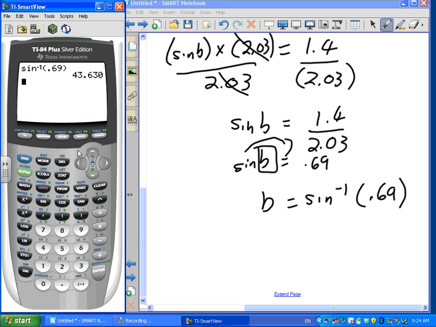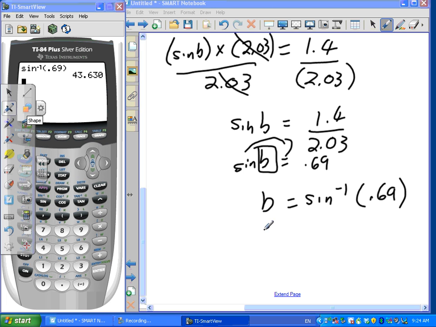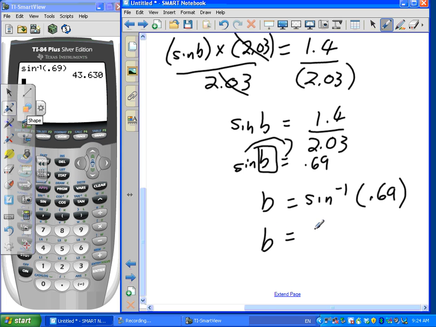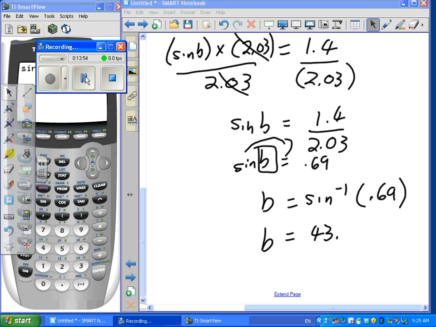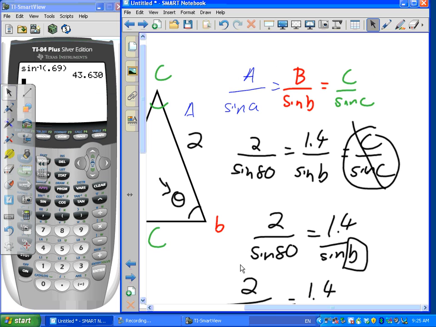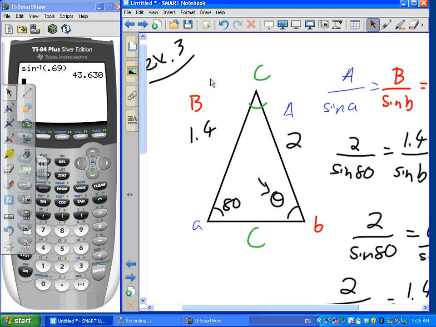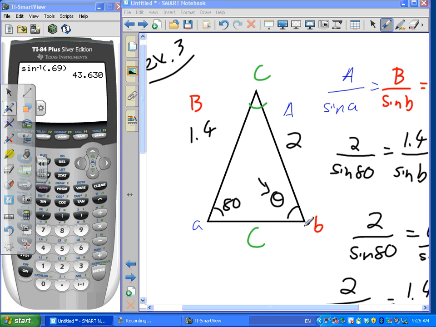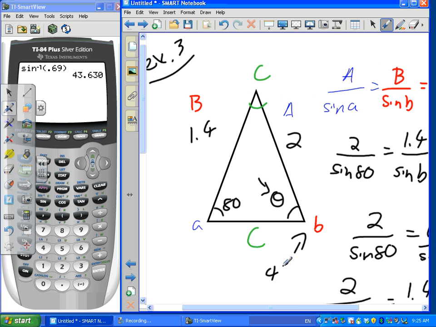There we have 43.6 degrees. That's how you find the angles. Make sure you always do second function, then the ratio. Okay? So 43 degrees. We go back up here. Our angle B is 43 degrees.